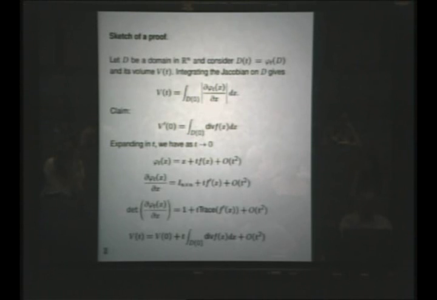And then you can easily check that the coefficient for the first order term turns out to be the trace of this matrix. And once you have this, you bring this back into this formula, so you have this expansion, so the derivative will be given by this term here. So that's this volume preserving map.